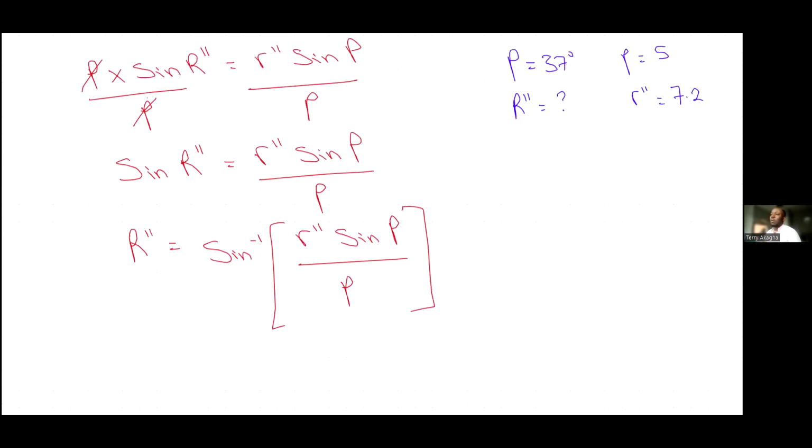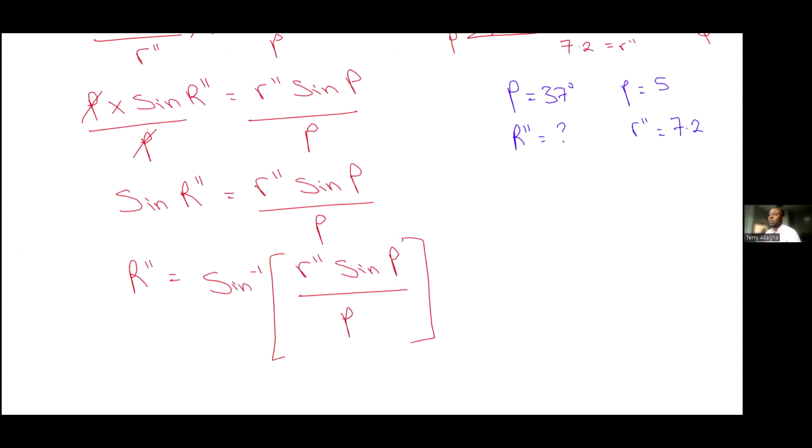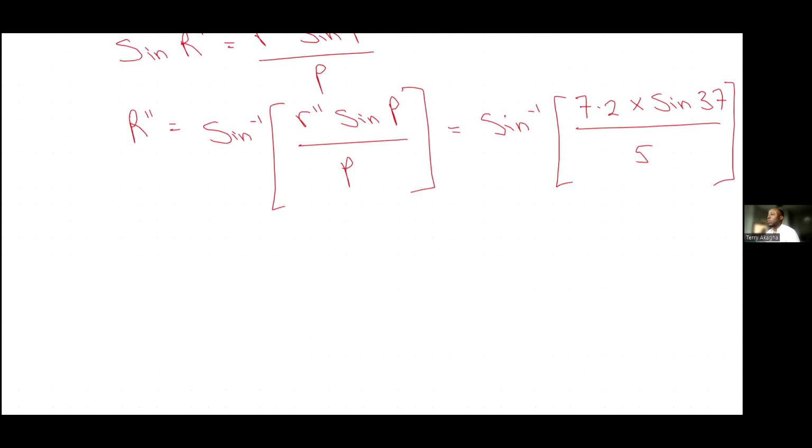R double prime will be equal to the sine inverse of 7.2 multiplied by sine 37 divided by 5. And when you press this in your calculator, R double prime is going to be equal to 60 degrees.